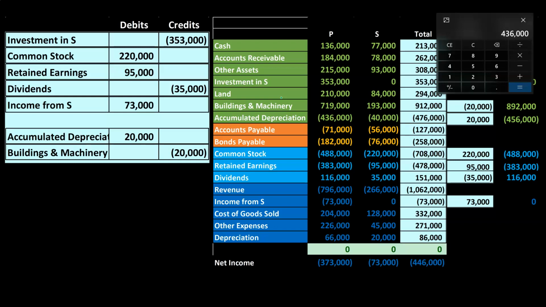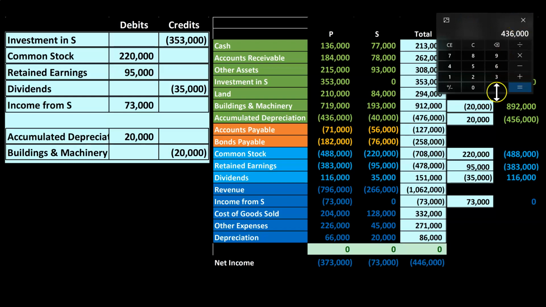That's going to be the 436. And then afterwards, we've got the 892,000 minus the 456,000. And that one, once again, should be the 436, which I believe is the same number there.